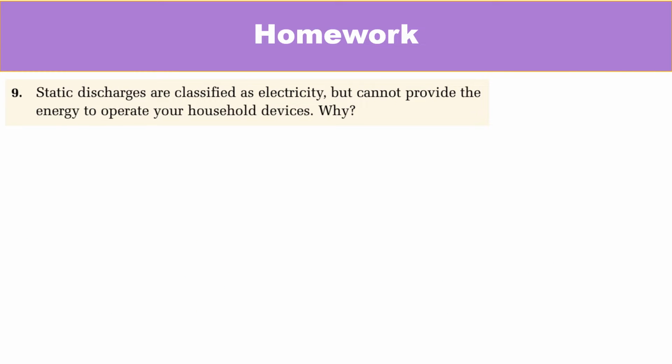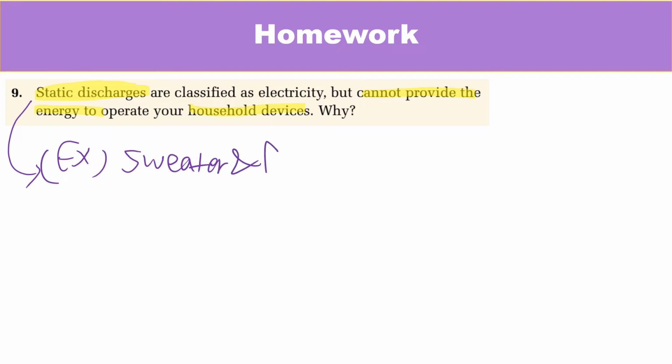Now let's look at question number 9. According to the question, it says static discharges are classified as electricity but cannot provide the energy to a household device. Why is it asking? Well, let's think about static discharge example. For example, static discharges: sweater, friction, and zap that happens between people, you and whomever you touch, something like that.